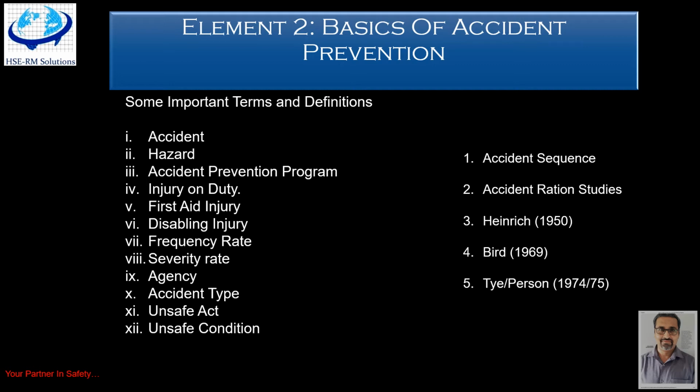What is the example? Death. If a person dies. Now PPD, that is permanent partial disability, means loss of a body part, say a finger. Correct. So that is permanent but partial disability. If somebody's finger is cut, so loss of a body part, right? He can resume the job, but with partial disability.